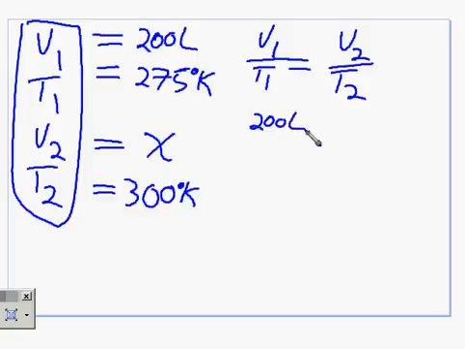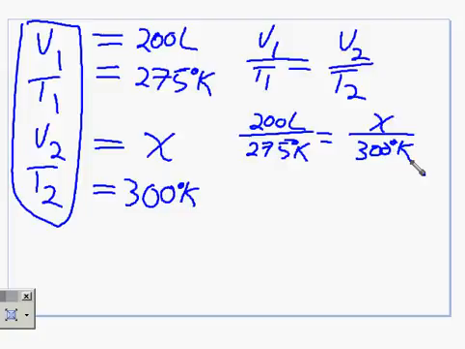But couldn't you just put it as an equation like 200 times 275 equals X times 300? Okay? You could definitely do that, and it's perfectly all right. Okay, 200 liters over 275 degrees Kelvin equals X over 300 degrees Kelvin.